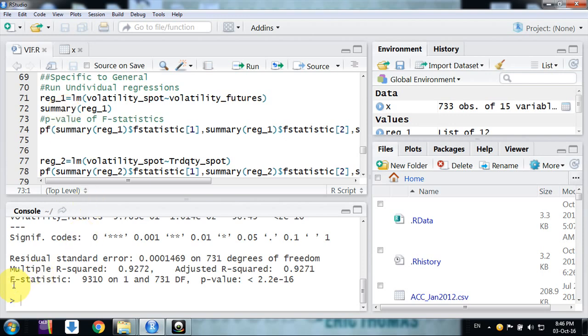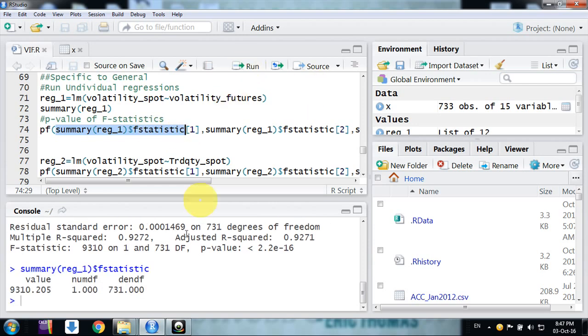Here we can see the F statistic object with the value of 9310 with degrees of freedom 1 and 731. This is the numerator part, this is the denominator part. If I do summary of reg 1 and F statistic, I get the same line: 9310 is my F statistic, 1 is my degree of freedom, 731 is my other degree of freedom.